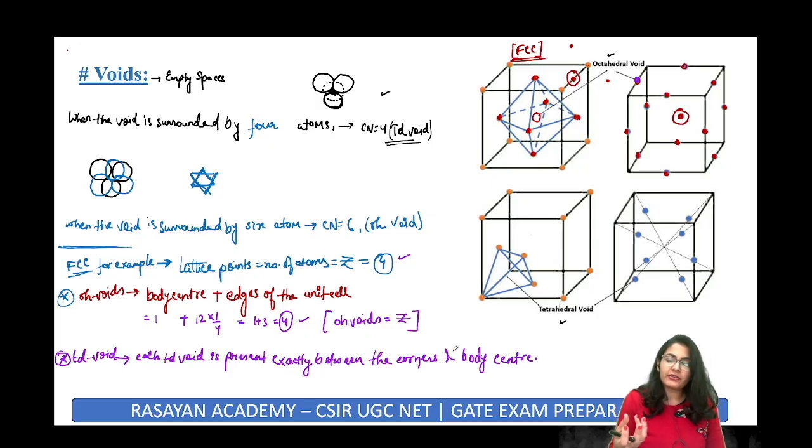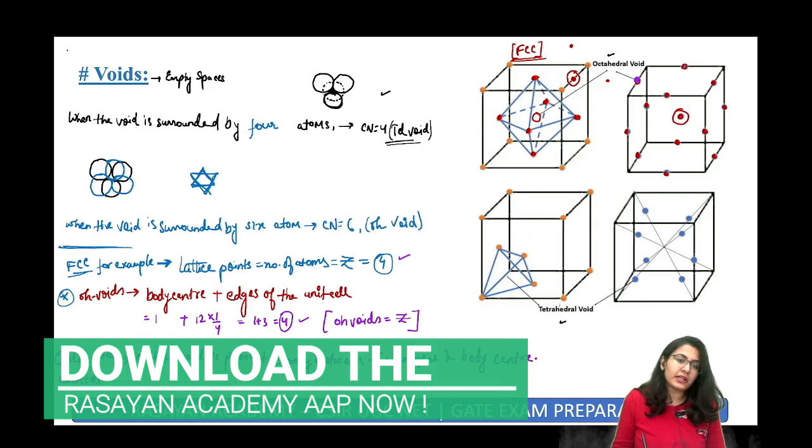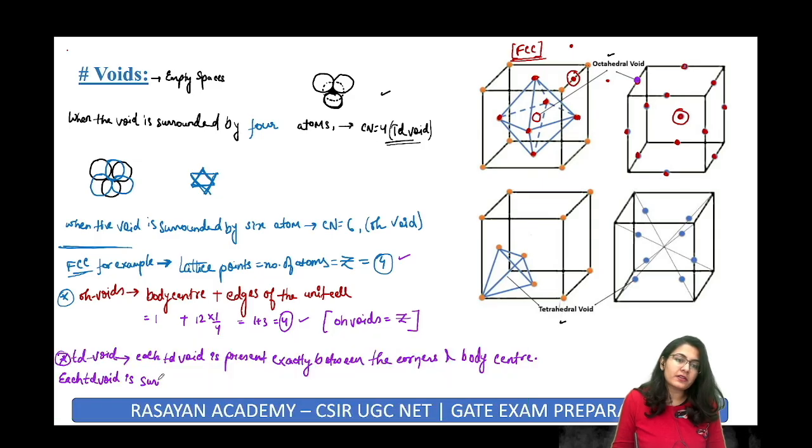So since it is a tetrahedral void, वो surround होगा 4 atoms से. So I can also write each tetrahedral void is surrounded by 4 atoms. All right.